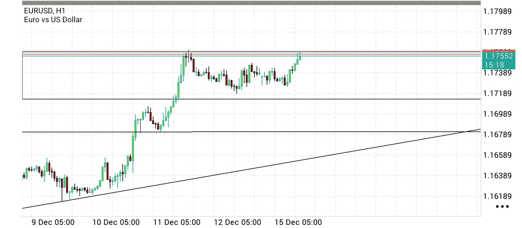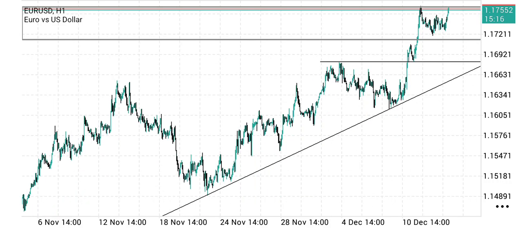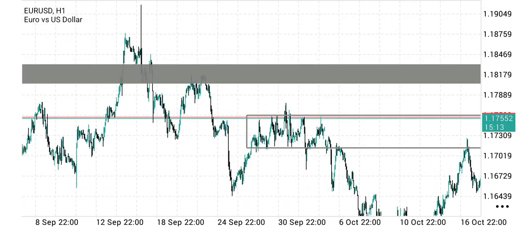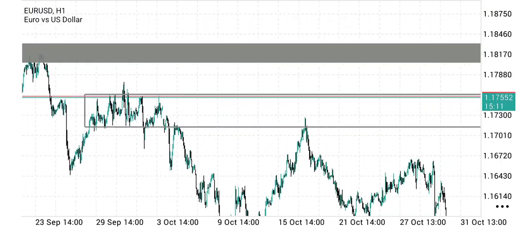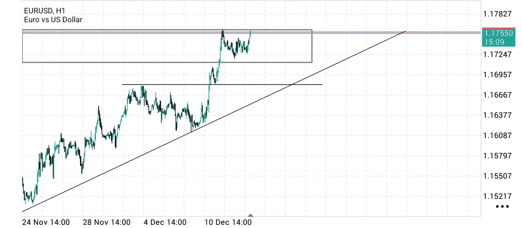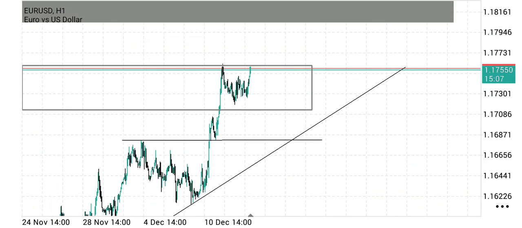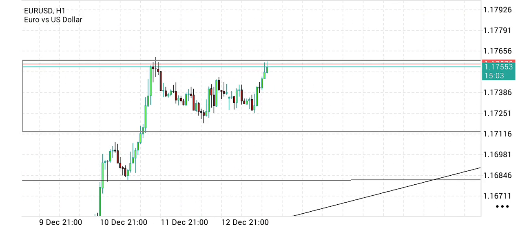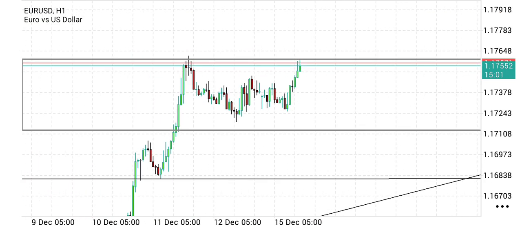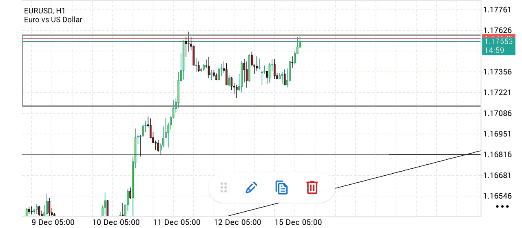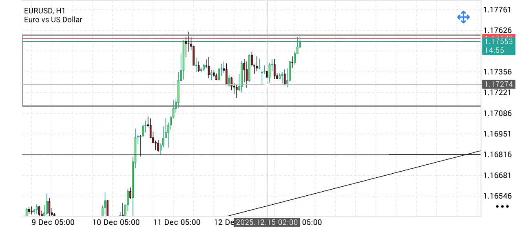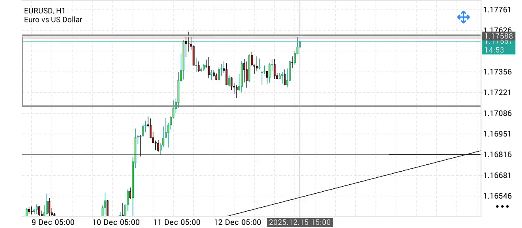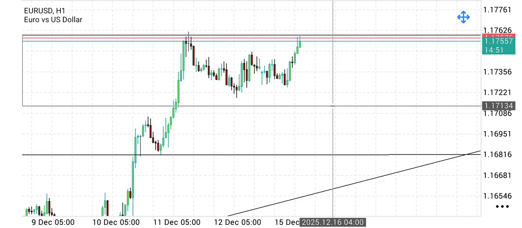So here on the H1, I can really see that okay, the price has come to the resistance zone, a critical resistance zone. So I'm looking for the price to reject here, come back down somewhere around here.